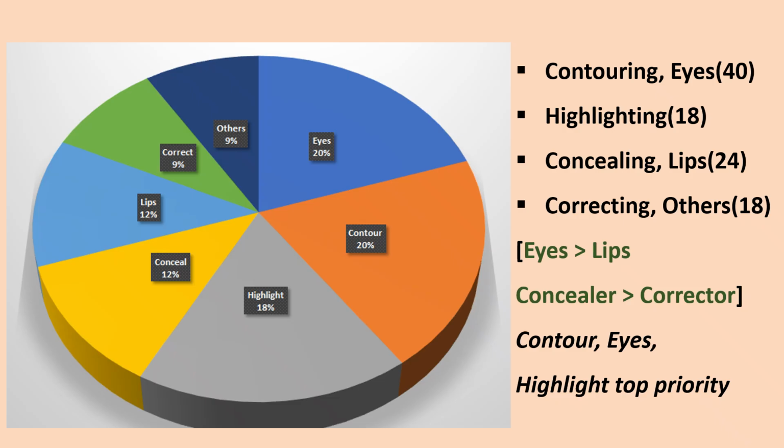The list is important because these standardized rules ensure that if I grade your makeup as 4.2, this is an international standardized evaluation.